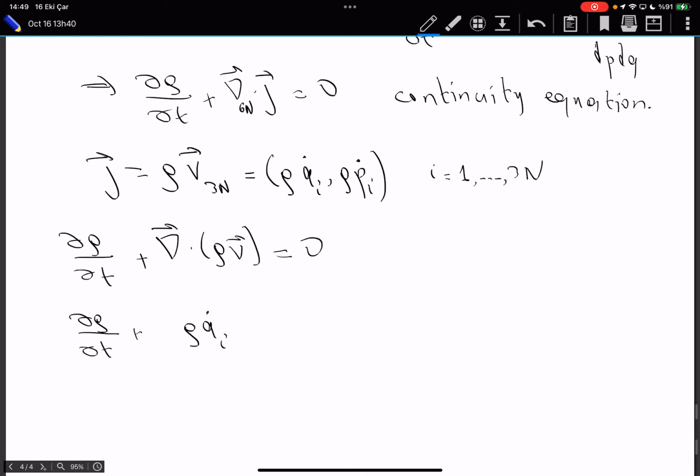For example, I can look at the q components, and then take the derivative with respect to that coordinate. And there are also other components, the momentum components. This should be equal to 0.